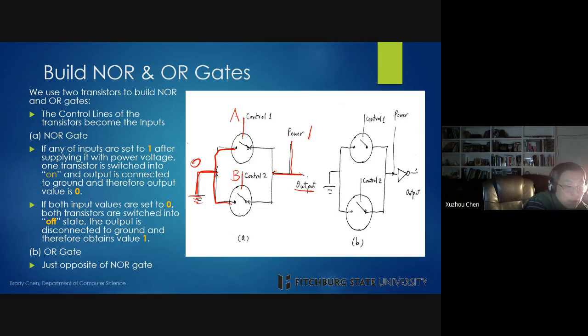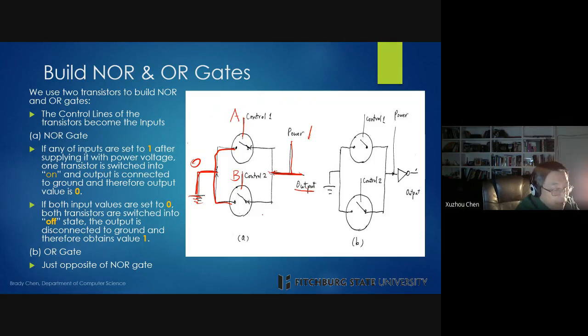In order to ground the output, you just need to connect one transistor, either the top one or the bottom one, because these are a parallel connection. If either one is connected, then the output is connected to the ground.